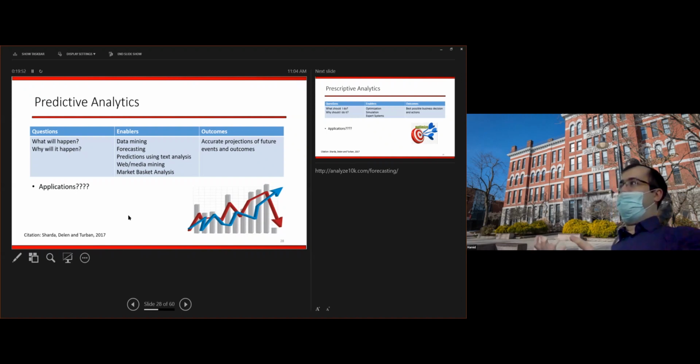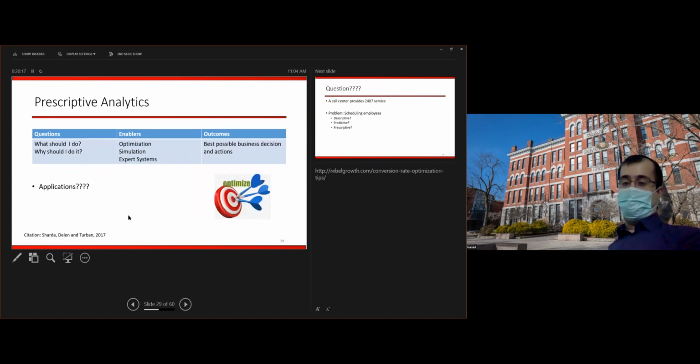So what could happen tomorrow to a specific stock? There are some tools or enablers like data mining, forecasting, some web mining tools, market basket analysis, and the outcome is you predict something in the future. Like, again, I go back to the easiest problem, which is the stock movement. Does it go up or down?